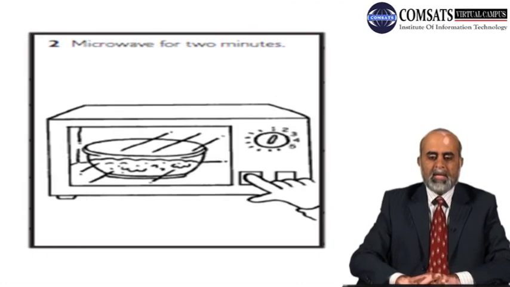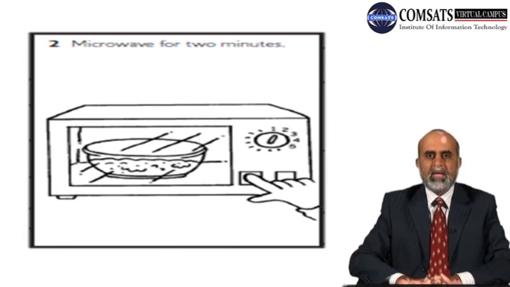Okay, so this is step number 1. Let's move on. Step 2 is microwave for 2 minutes. You might wonder whether microwave is a noun or a verb, but rest assured that here it is used as a verb. So this is also an imperative sentence. Microwave for 2 minutes means place it in a microwave for 2 minutes, right?